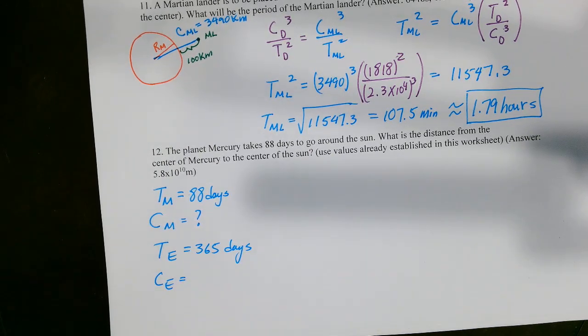What is the distance from Earth to Sun, in meters?